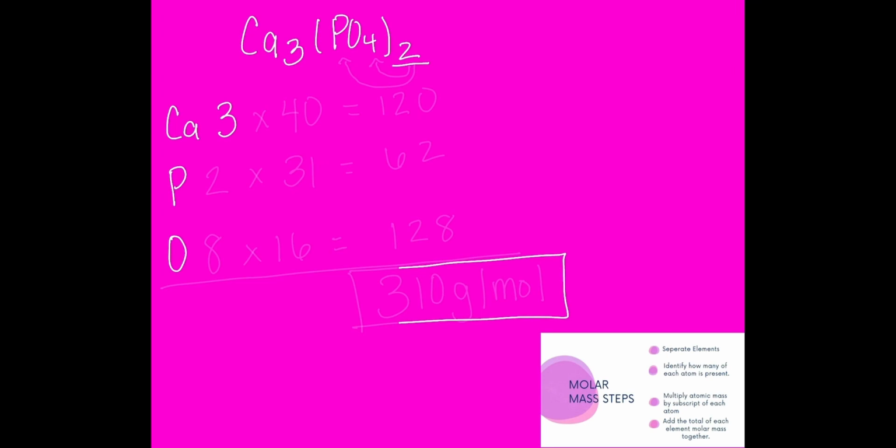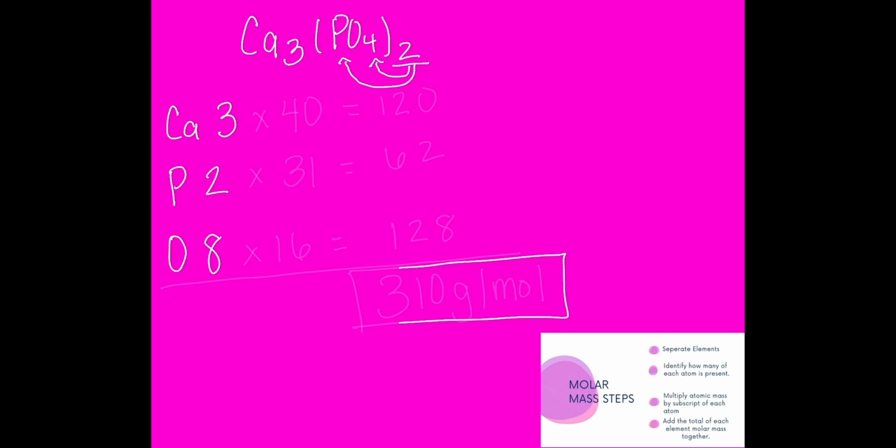I distribute this 2 to that 4 as well as to the invisible 1 that we do not see for phosphorus. So 2 times 1 is 2, which gives me 2 phosphorus, and 2 times 4 gives me, oops, sorry, not 6 oxygens. It gives me 8, because clearly I don't know my multiplication. So 2, 4, 6, 8. It gives me 8 oxygens.